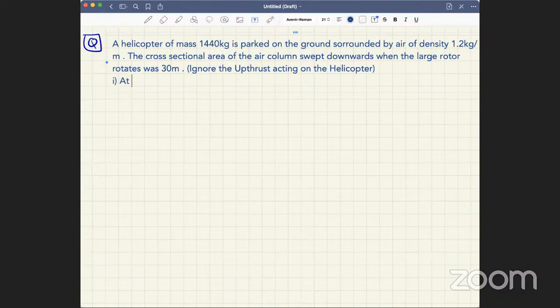At what velocity must air below the fan be pushed downwards in order to just take off the helicopter?